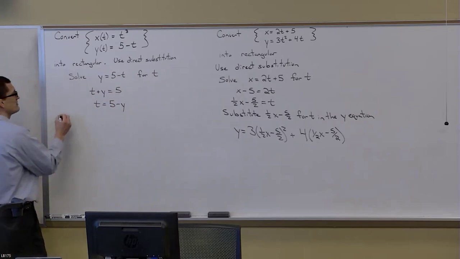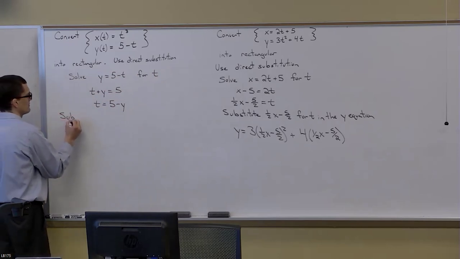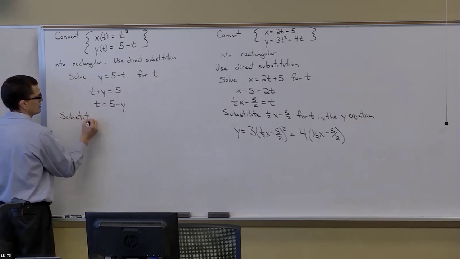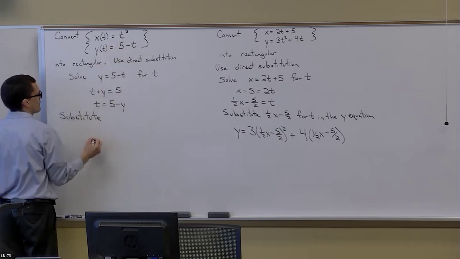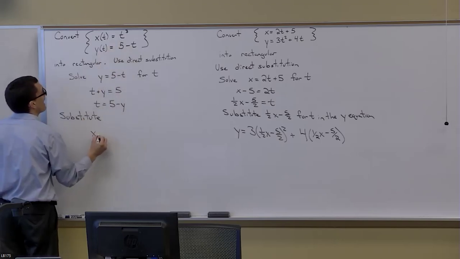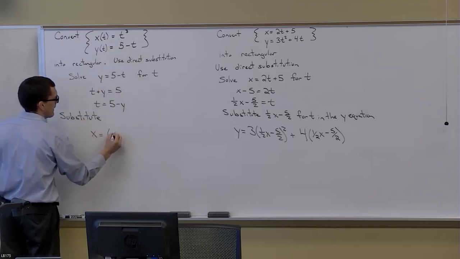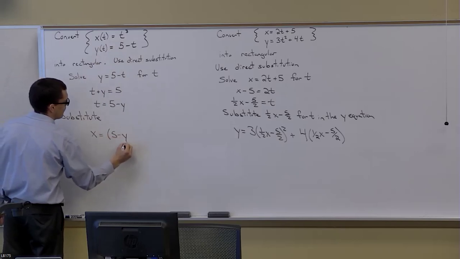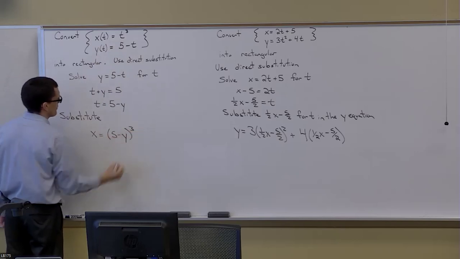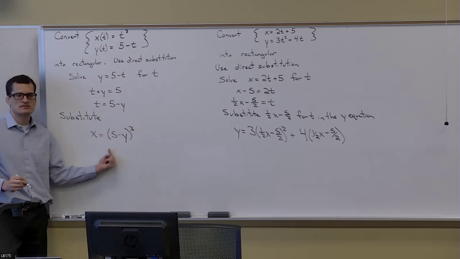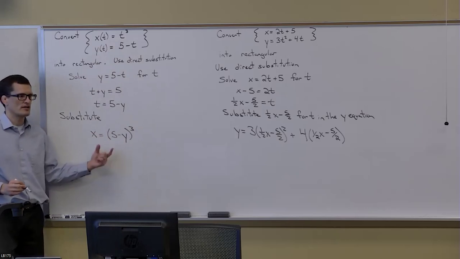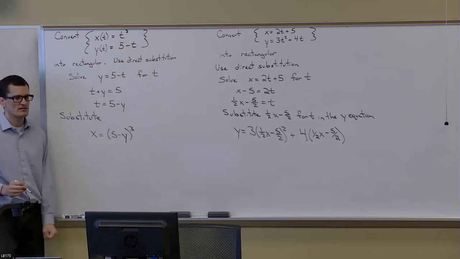And then substitute for t in the other equation. We get x equals 5 minus y to the third power. Now you could multiply this out and simplify it. I'm not going to, I'm just going to leave it here.